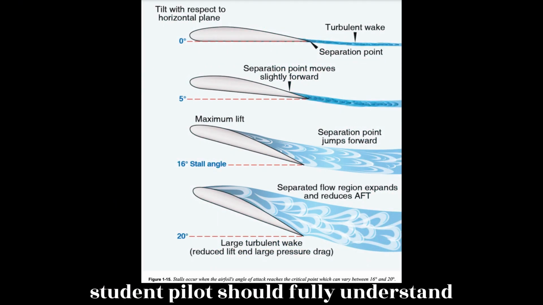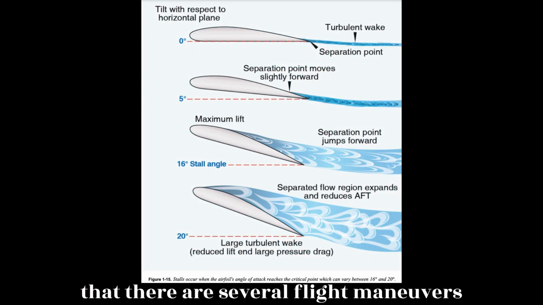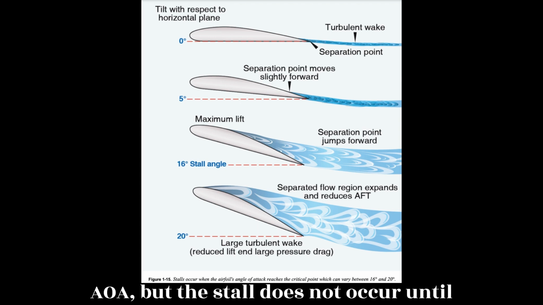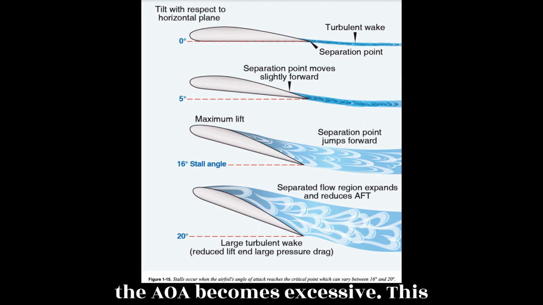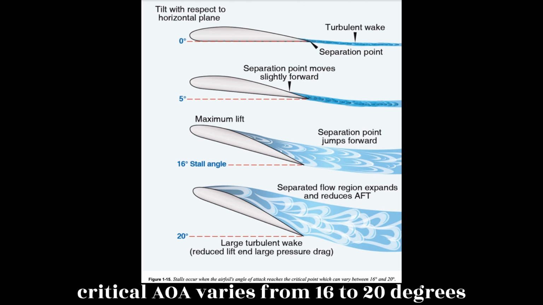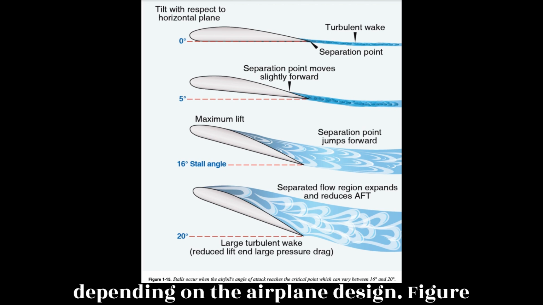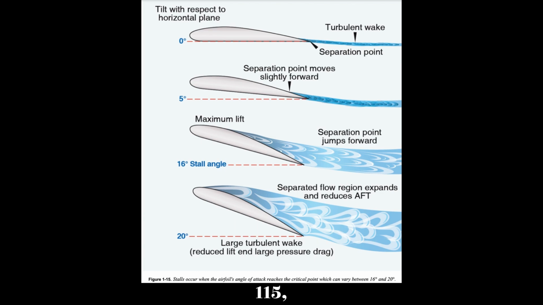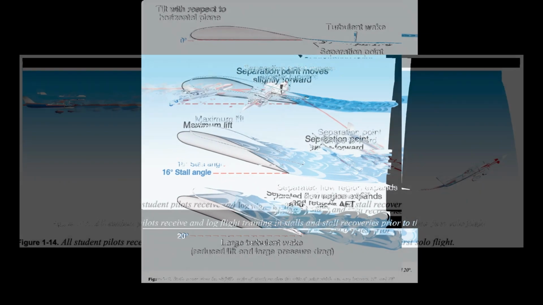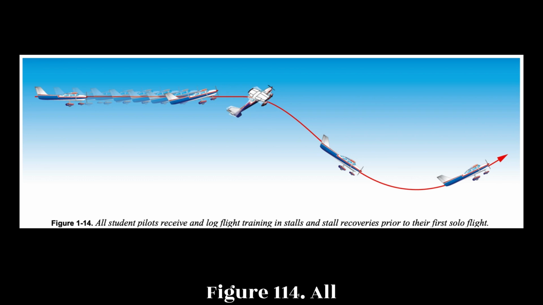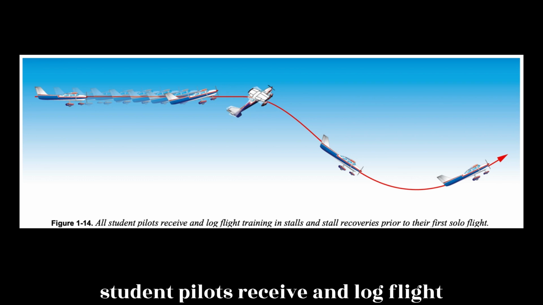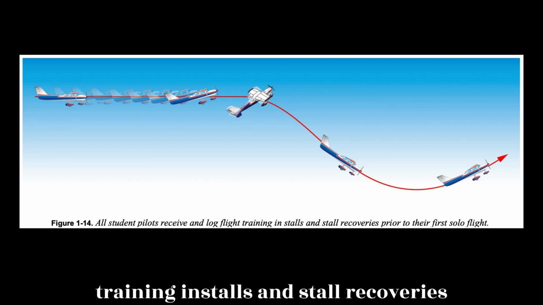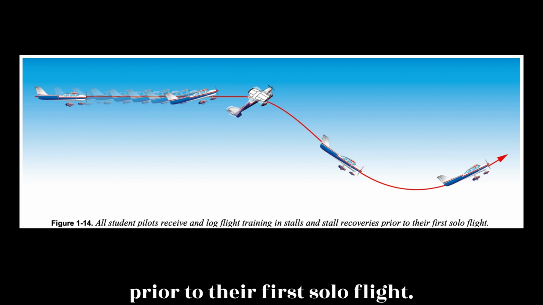The student pilot should fully understand that there are several flight maneuvers that may produce an increase in the wing's AOA, but the stall does not occur until the AOA becomes excessive. This critical AOA varies from 16 to 20 degrees depending on the airplane design. Figure 1.15. Figure 1.14. All student pilots receive and log flight training in stalls and stall recoveries prior to their first solo flight.